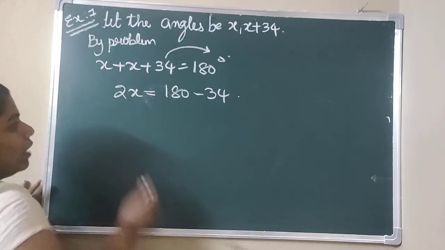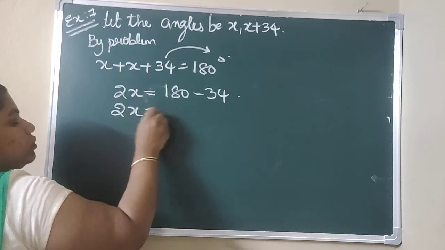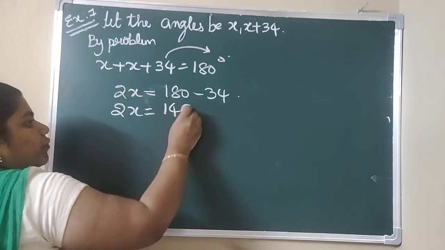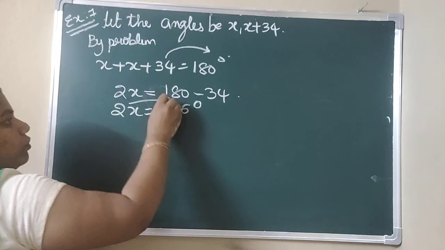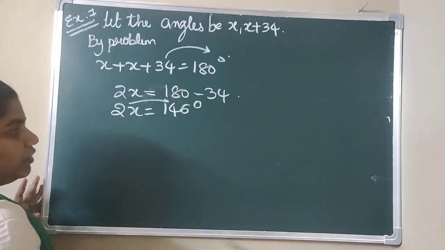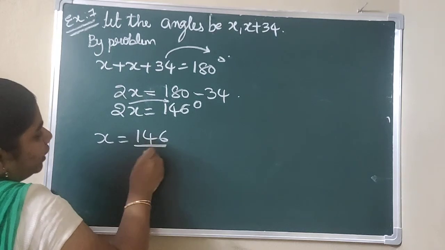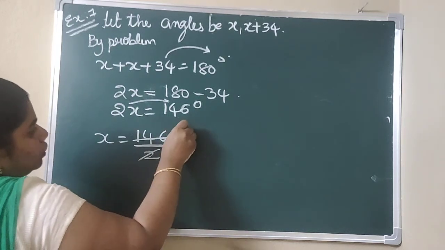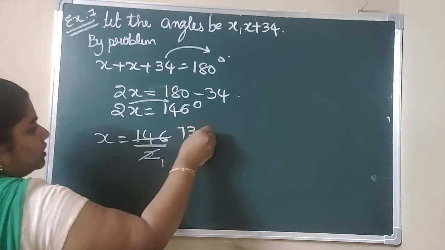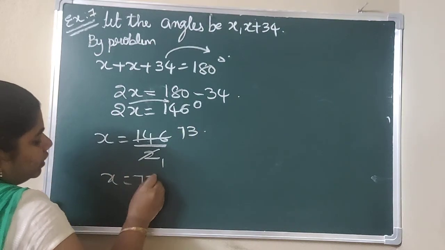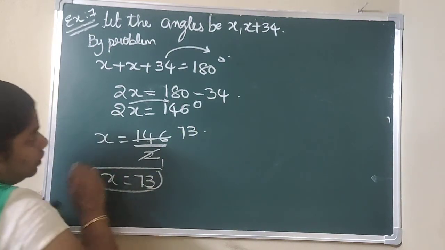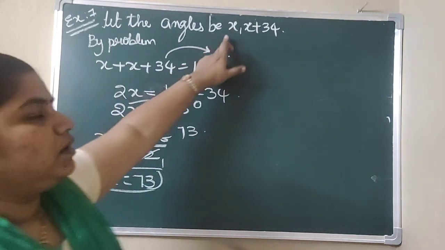That will be 146. So 2x is equal to 146 degrees. If you transpose this 2 to the other side, that becomes division. So x is equal to 146 by 2. 2 1s are 2, 2 7s are 14, 2 3s are 6. So what is the x value here? 73. So the first angle is 73.